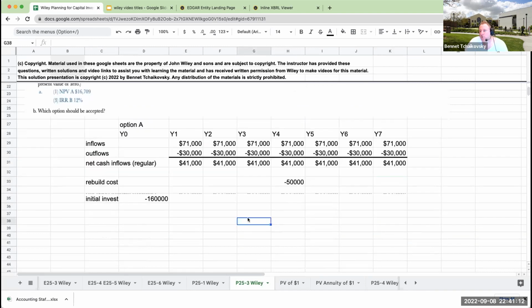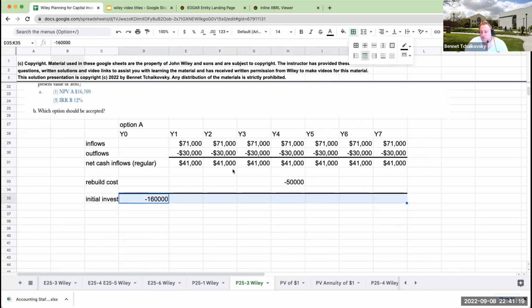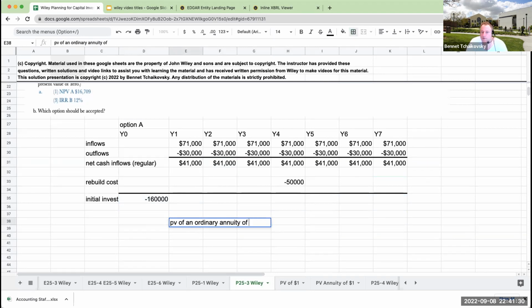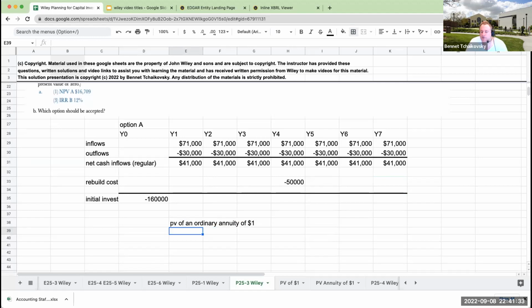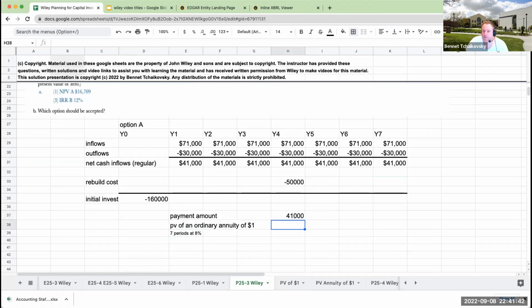So now I need to go through the process of making these future cash flows comparable to this number here. I'm going to say, okay, present value of an ordinary annuity of $1, and this is going to be 7 periods at 8%. My payment amount is going to be 41,000, from right up here.